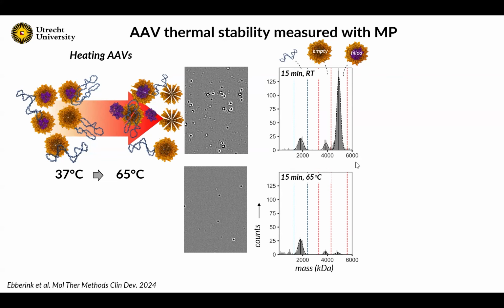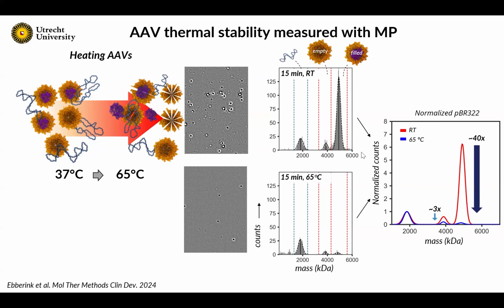But what if we take the sample and heat it up at 65 degrees for 15 minutes and then again measure? You see a huge drop again in the amount of filled particles, but maybe also a drop in the amount of empty particles. And we see our DNA, which does not really change much. So using the DNA signal, we can actually normalize the measurement, and we can really look at the fold change of the empty and filled particles before and after heating the sample up.